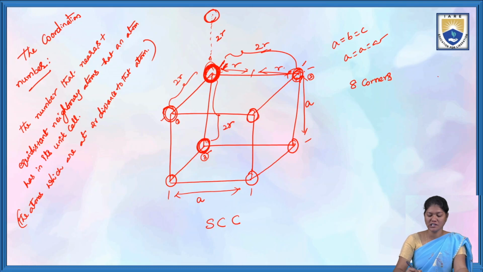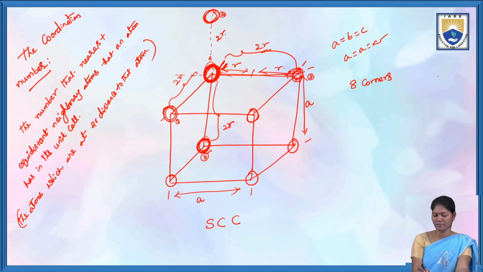Opposite to the third atom, this one is the fourth atom at 2R distance. And taking this second atom inversely, opposite to this atom, there is one more nearest neighboring atom, also at 2R distance.